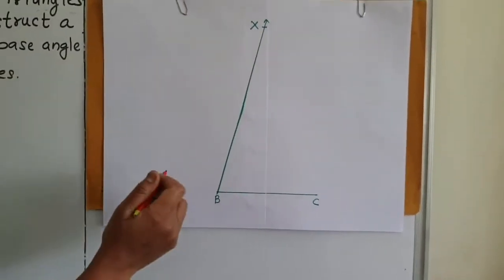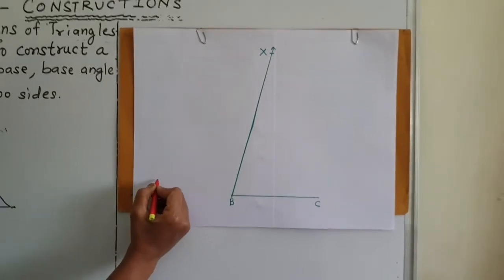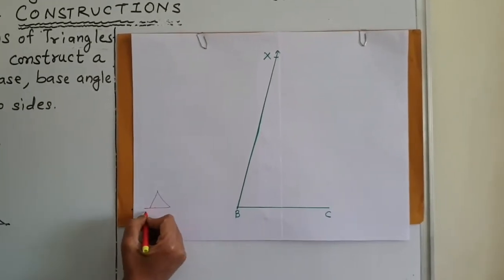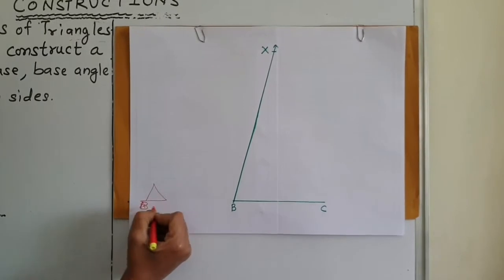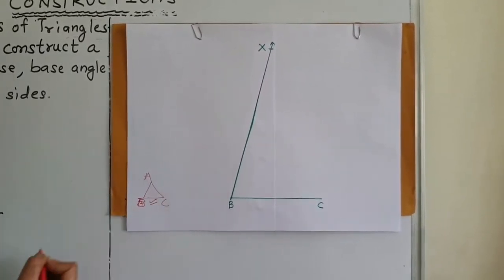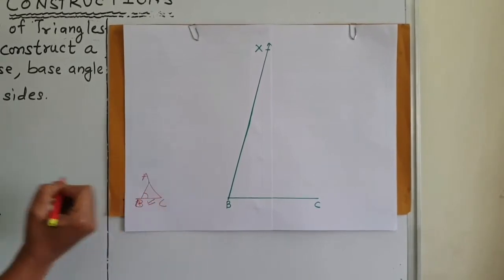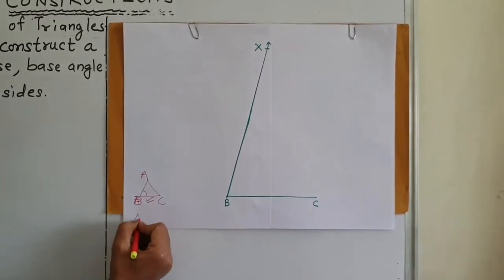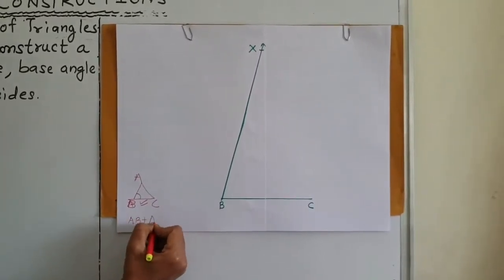I will draw a rough triangle ABC. They have given us the base, the base angle, and AB plus AC.